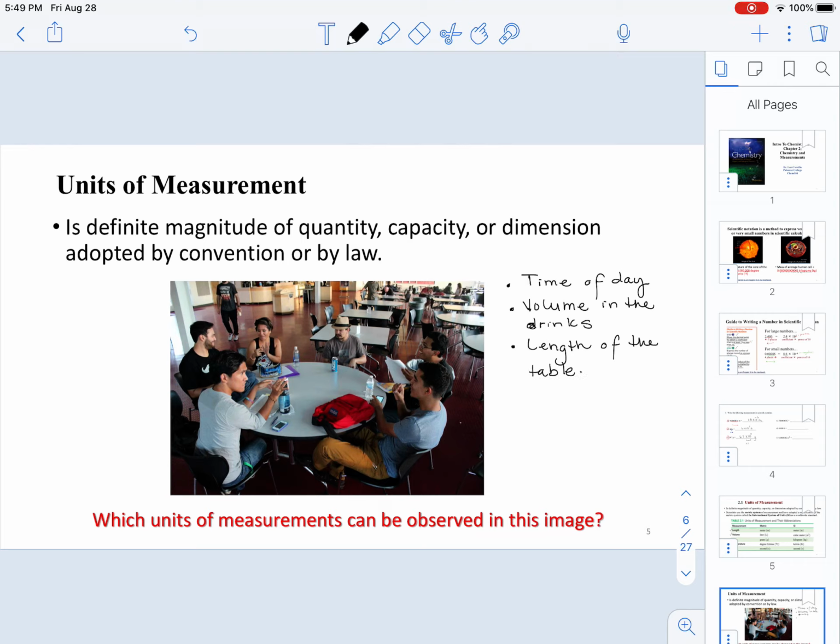I imagine that there's other ones that you can imagine, but I'm just listing these few. Understand that units of measurements are all around us, and we use them in everyday life, and sometimes we don't even realize it.